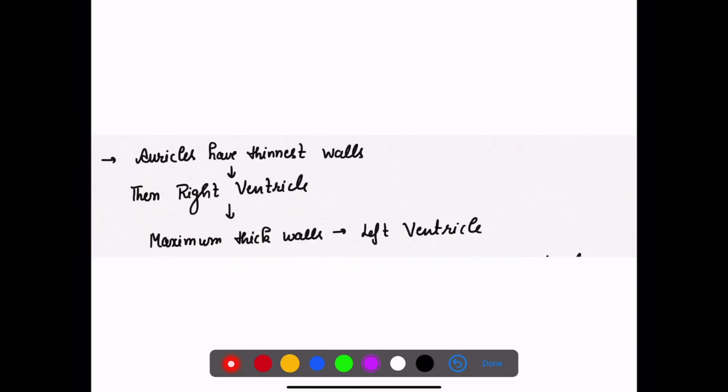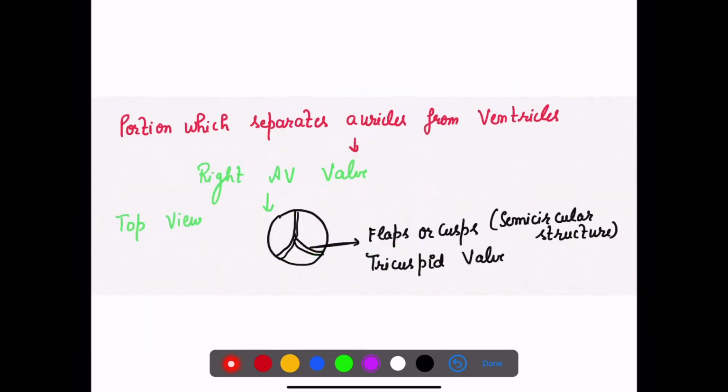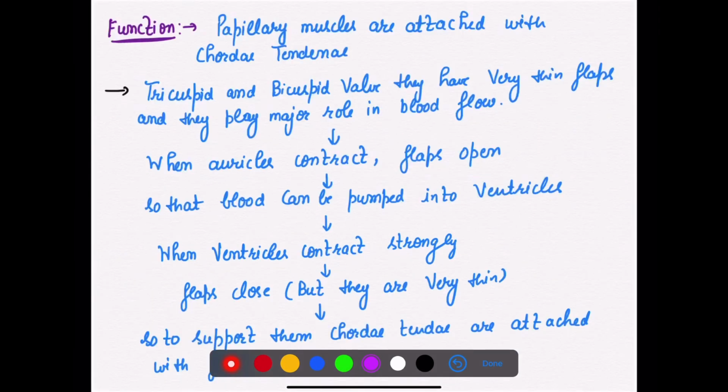What is the function of this? Why am I telling you all this? What is the reason? See, papillary muscles are attached with chordae tendineae, right? They are attached with chordae tendineae with the valve.